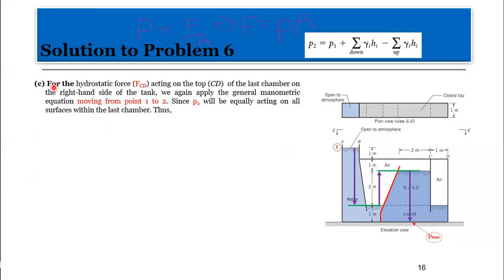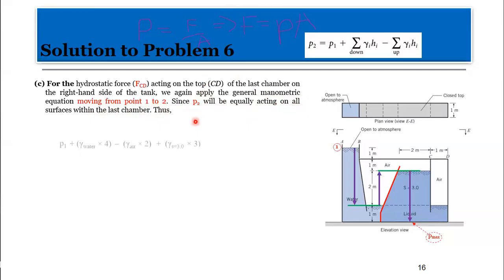So we are saying that for the hydrostatic force FCD, now acting on the last chamber on the right-hand side of the tank, we again apply the general manometric equation, moving from point 1 to 2, since P2 will be equally acting on all surfaces within the last chamber.